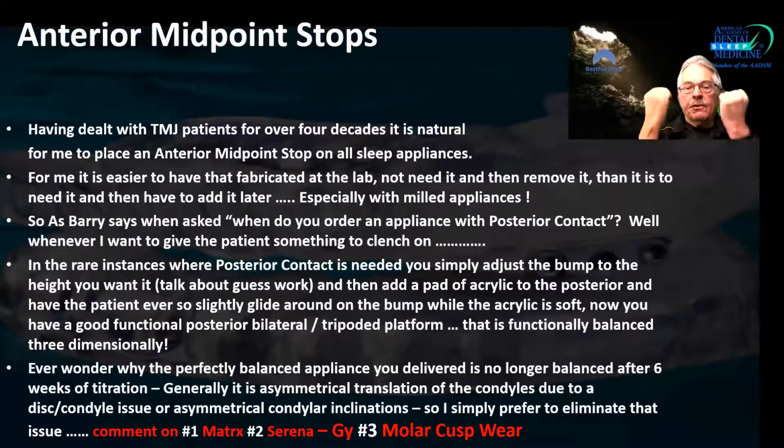So let's say you put a patient where the condyles want to translate asymmetrically, let's say because one of them has an anterior displaced disc, and you put them in a TAP appliance, okay? And I like TAP appliances, okay? My bias is TAPs and Herbst, which I'll go into in a moment. But let's say you put that patient in a TAP appliance.